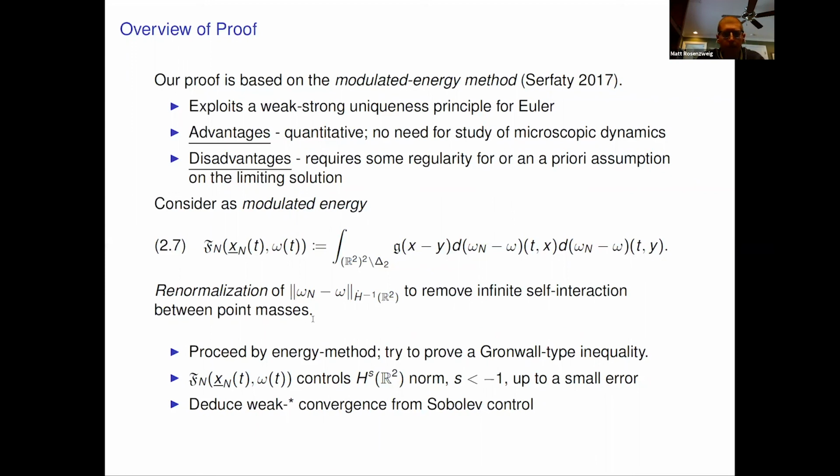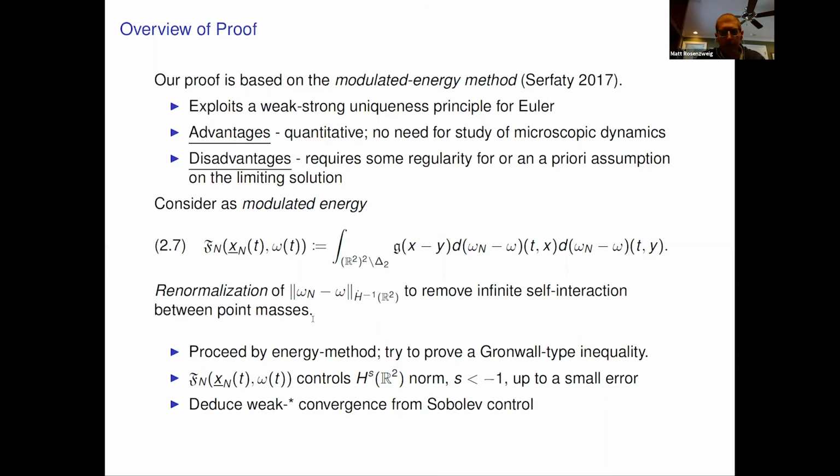One of the disadvantages, at least historically, is that it requires some regularity for the solution of the mean field equation, or an a priori assumption on it. If you had assumed that the vorticity were a little bit better than L infinity, like a Hölder condition, then of course that would imply the velocity were Lipschitz. But that's imposing some regularity on the vorticity.